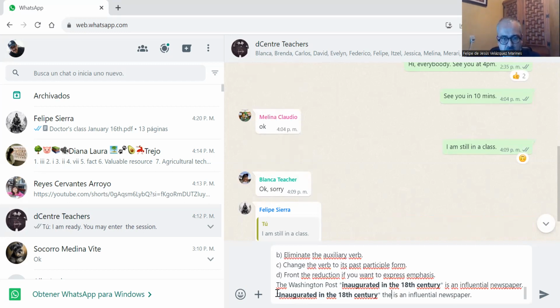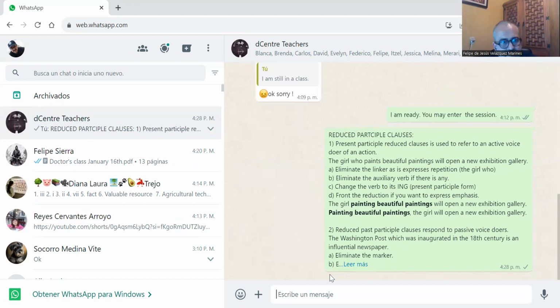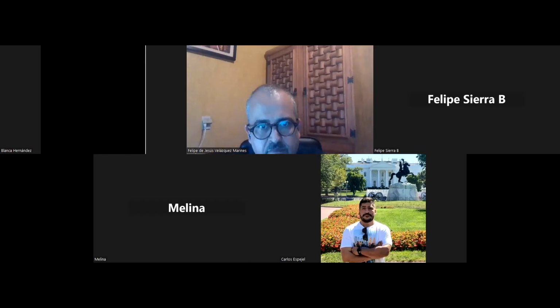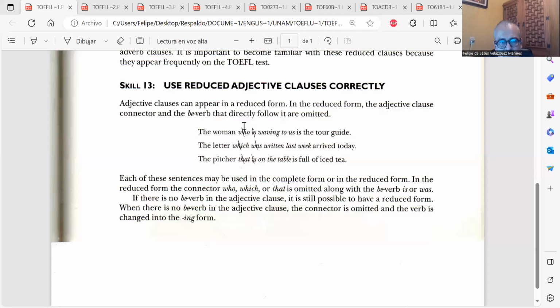The Washington Post. There you have this. Okay. So, for example, here the woman who is waving to us is the tour guide. The woman. So, just eliminate the linker, eliminate the auxiliary verb. The woman waving to us is the tour guide. The letter which was written last week arrived today.